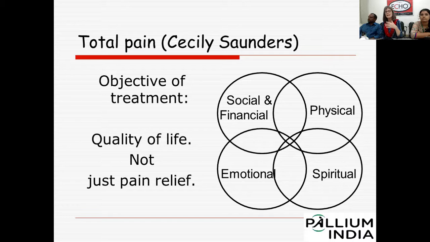She didn't need high-dose opiates, much of what we saw in the later periods in the US. Because she addressed all these pains, she didn't need such high treatment for physical pain.